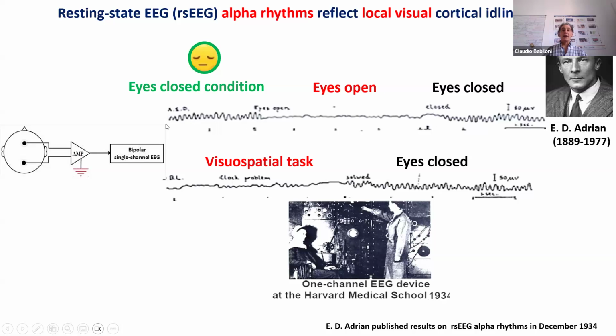And so Professor Adrian was able to replicate the recording of alpha rhythms at about 10 Hz during the eyes closed resting state condition in quiet vigilance, and could also replicate the disappearance, the desynchronization of alpha rhythms during the eyes open resting state condition, exactly the core finding by Hans Berger.